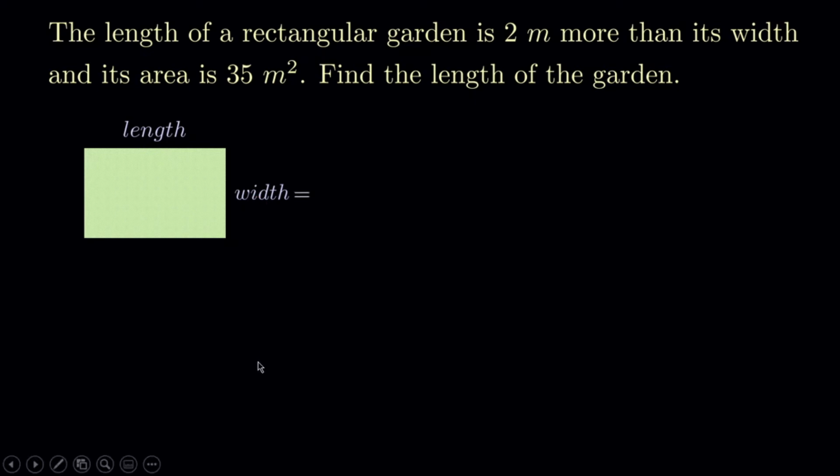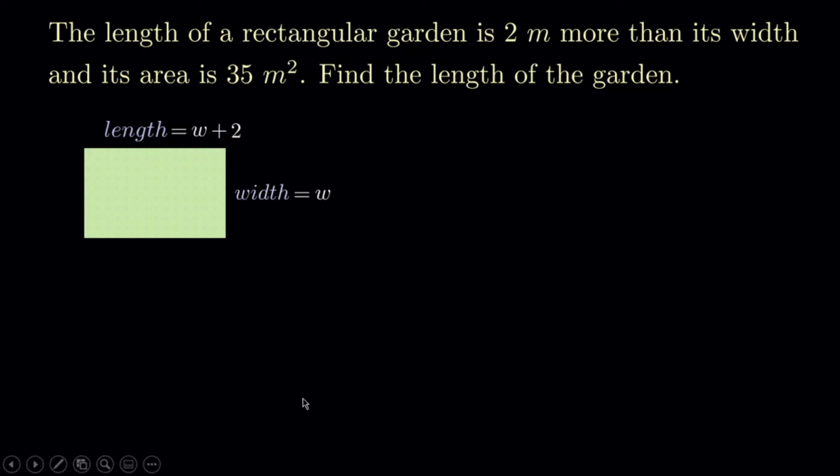So let the width be equal to W. W for width. Or you may use any other variable. Pwedeng X, pwedeng N. But the most practical will be W. Okay? Next, we can now represent the length as, sabi sa problem, mas malaki ng 2 yung length. So, we have W plus 2. Kasi for whatever value ng W, yung length, magpa-plus 2 tayo.